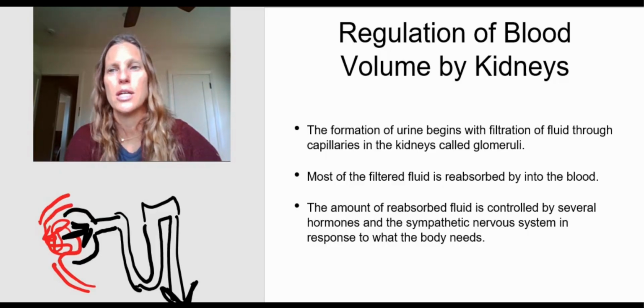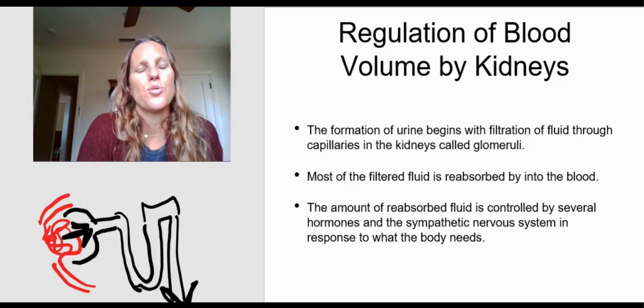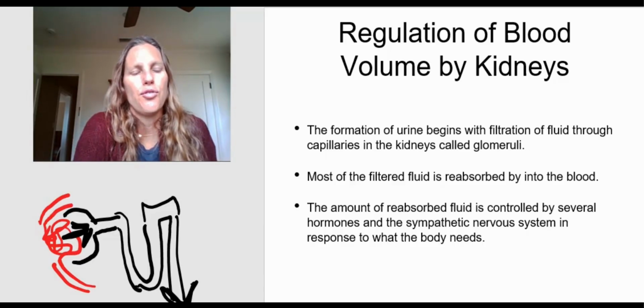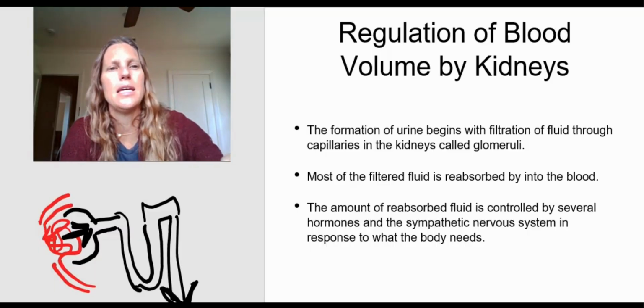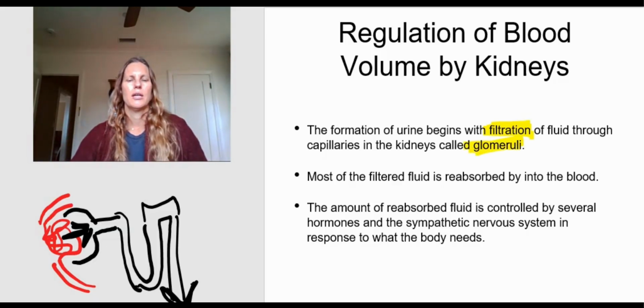And remember, filtration is a pressure-driven event where you push fluid across the walls of a capillary, and the glomerulus is a capillary. So the process of urine formation begins in the kidney with filtration of the blood at the kidney capillaries called the glomeruli.